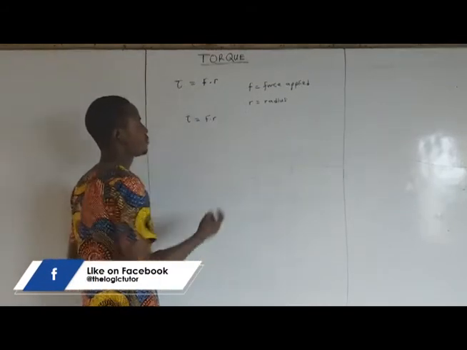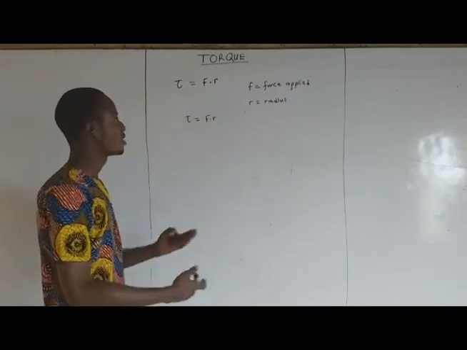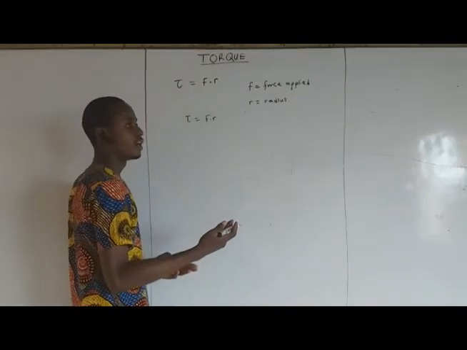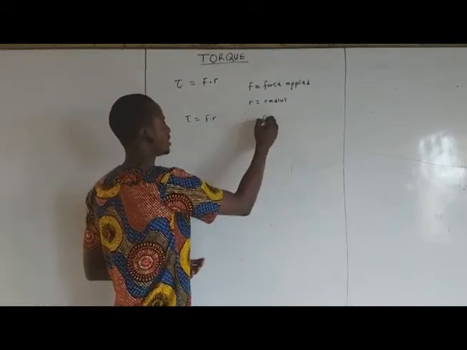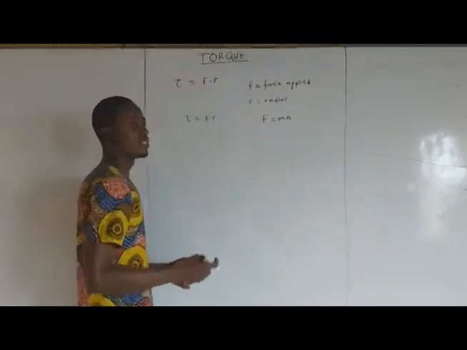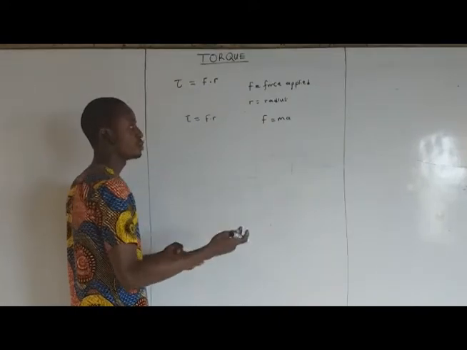We are going to derive more of this formula to make it look more like rotational motion. From Newton's second law of motion, F equals ma, force equals mass times acceleration. This has not really looked rotational.